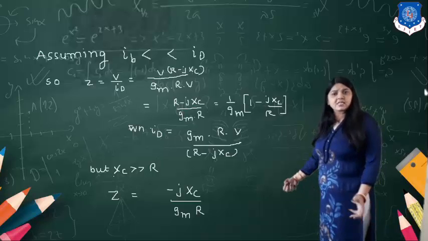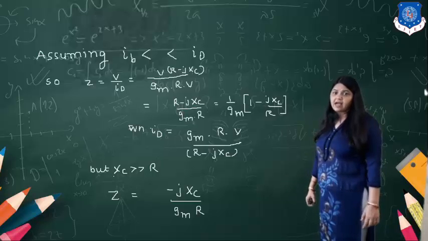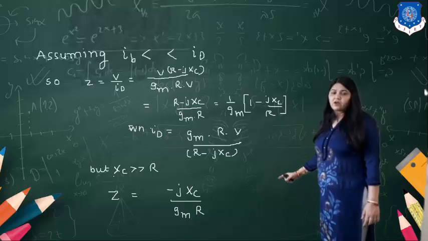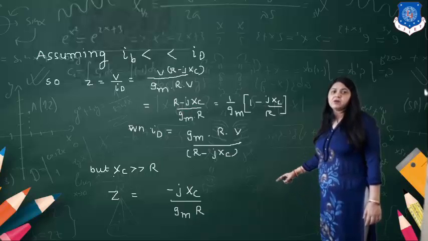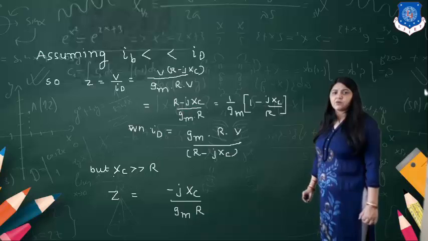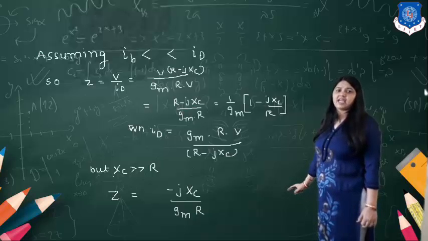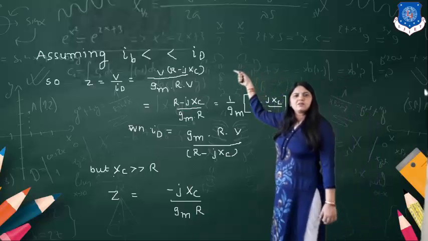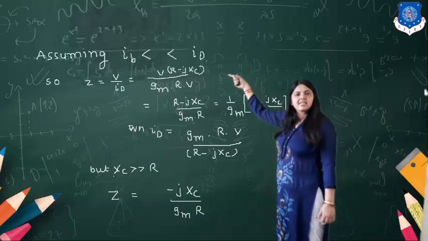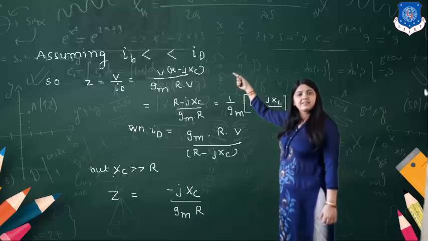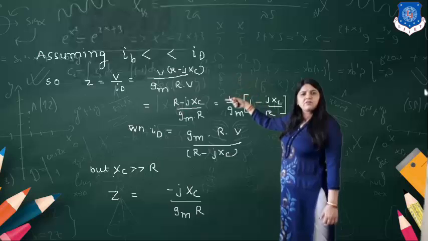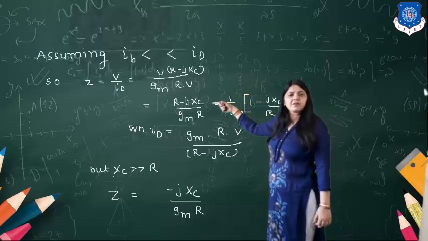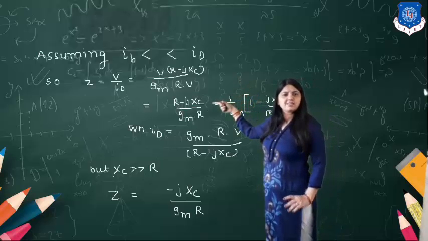But XC is much greater than R. So over here, Z is equal to minus jXC upon Gm into R. This is your Z. Since XC is much greater than R, in R minus jXC we neglect the R value.